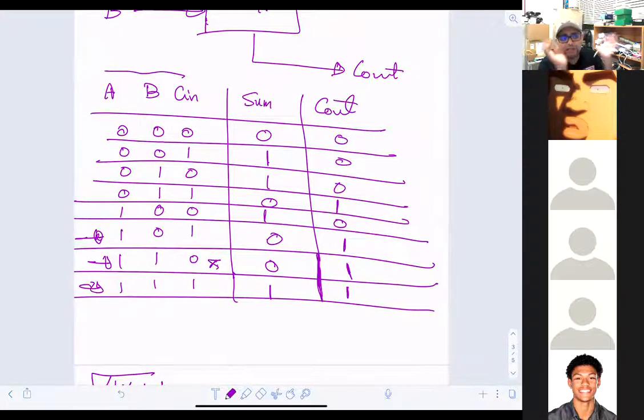We need 3 to build the 4x1 from 2x1. You're right. But how many of those 4x1 do we need? 2. Why? 1 4x1 for the sum, 1 4x1 for the carry.